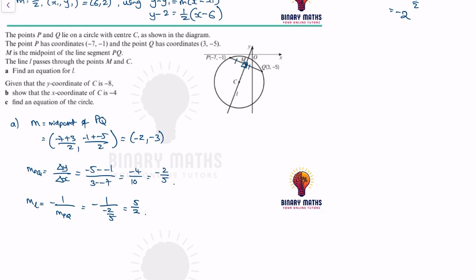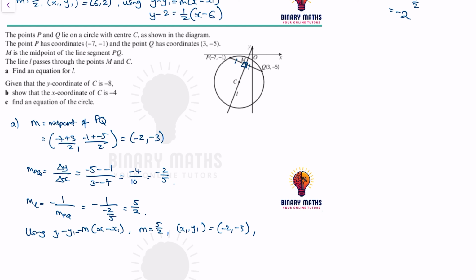So now I have, using y minus y1 is equal to m times x minus x1, where my m, gradient of the line, is 5 over 2, and my x1, y1 is equal to the midpoint, which is -2, -3.